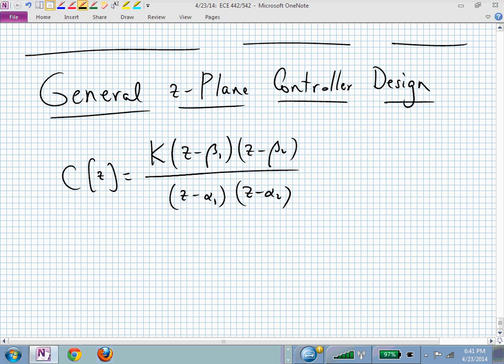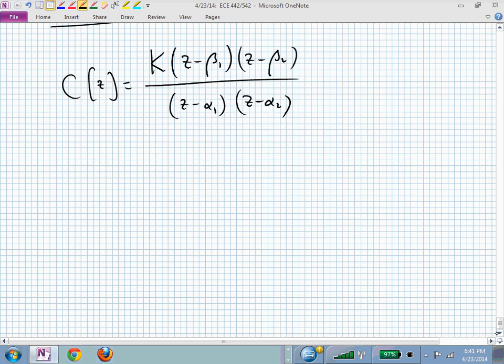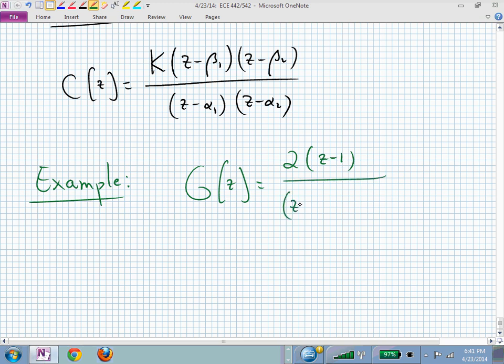But now we could say, let's just leave it like this. For example, what if somebody gave you this problem? And this could be a homework or a final exam problem. What if they said, here's g of z, and it's 2 z minus 1 over z minus 1 half times z minus 2.